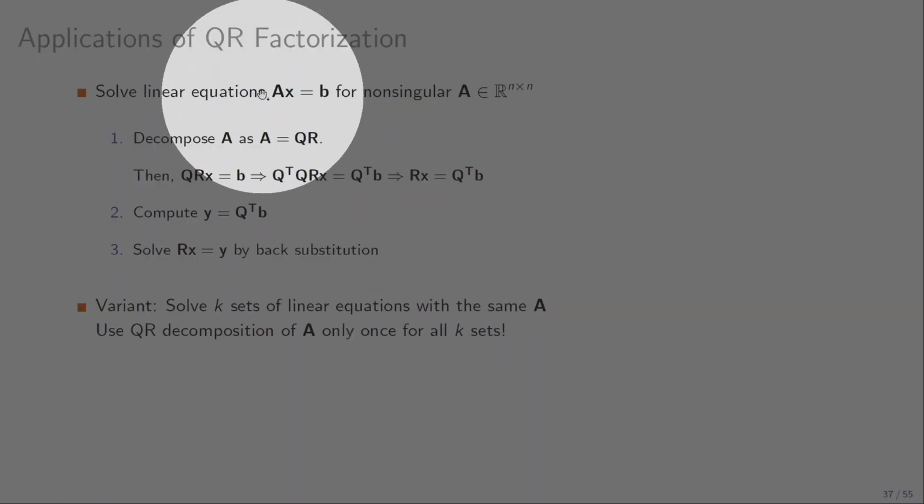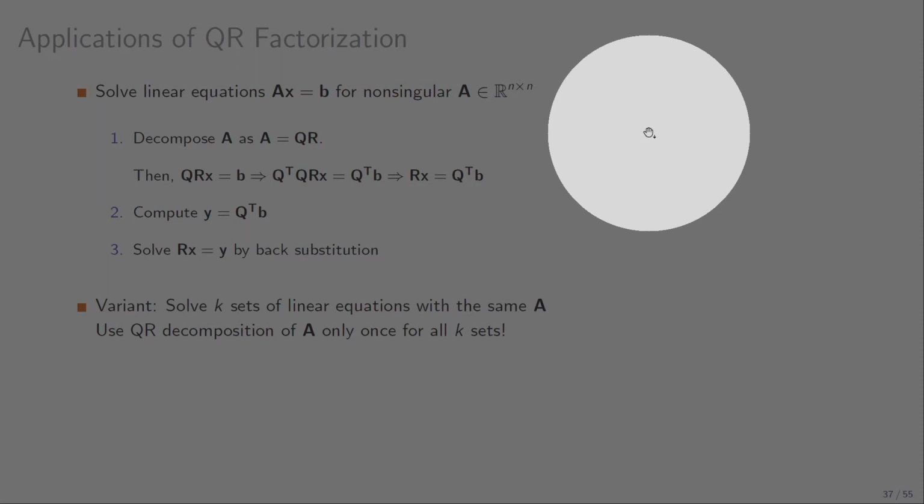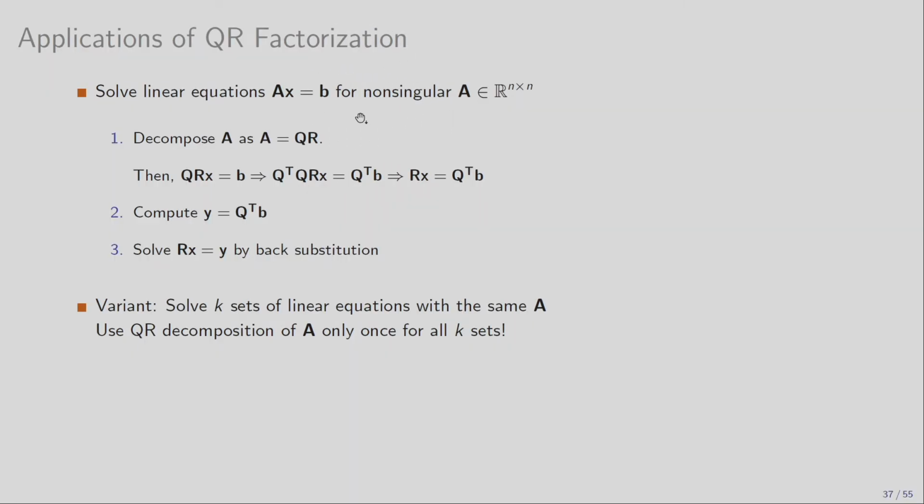First of all, you can solve linear equations of the form Ax equals B. How do you do that? You decompose A using QR. Then instead of Ax equals B, you have QRx equals B. Then you multiply Q transpose to the left on both sides. Because Q is orthonormal, Q transpose Q is just the identity.